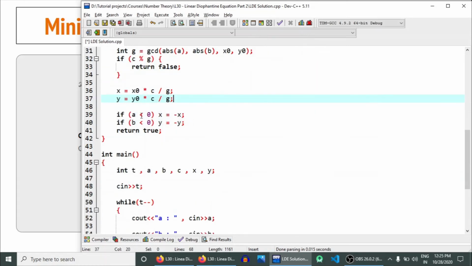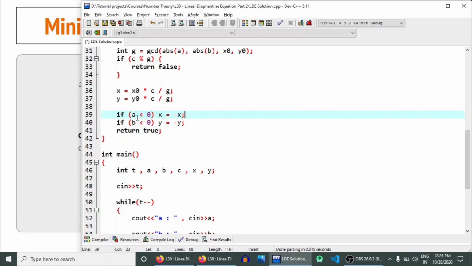And if a is negative, remember we have found the solution of ax plus by is equal to c, not minus ax plus by, right? So if there is any negative sign, we will pass it to x. If a is negative, we'll pass this sign to x, so the solution would be of a times minus x.